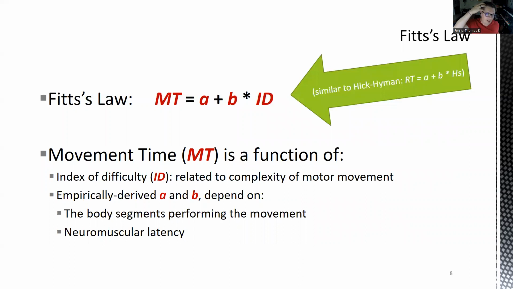My brain has a fundamental delay: it's going to take this long to start sending a signal. And if I'm sending a signal to my arm, that gets there faster than if I send it to my leg. It's got a longer neural distance to travel, so it takes a little bit longer. That's why the body segments matter for this calculation.